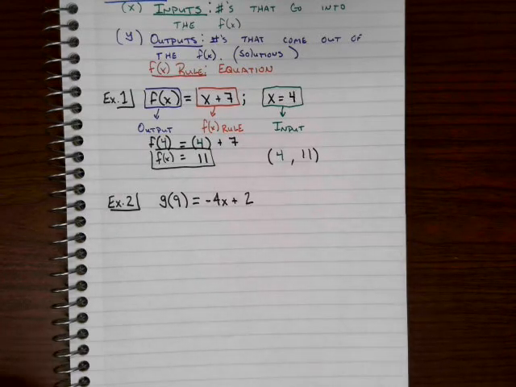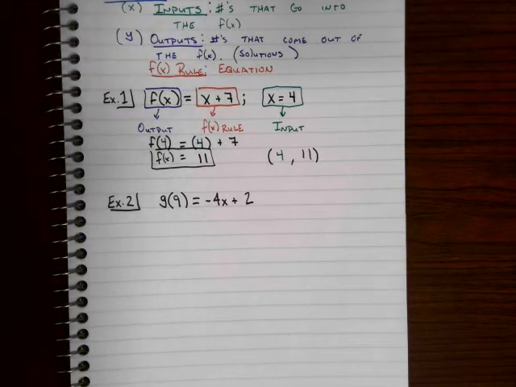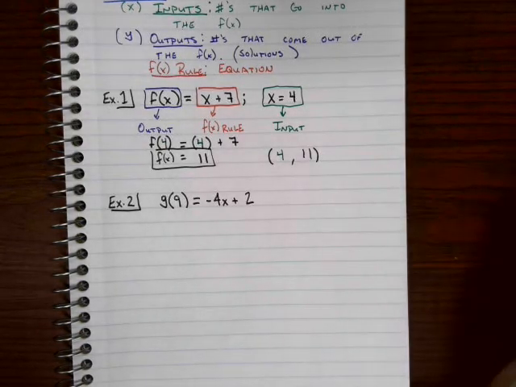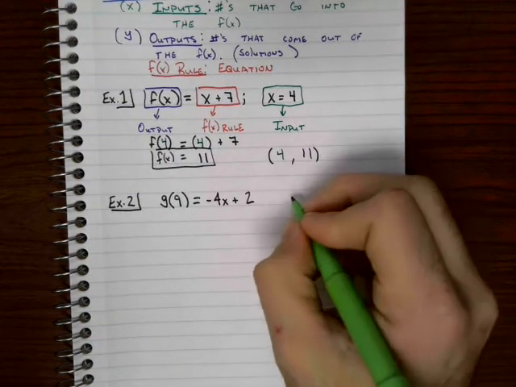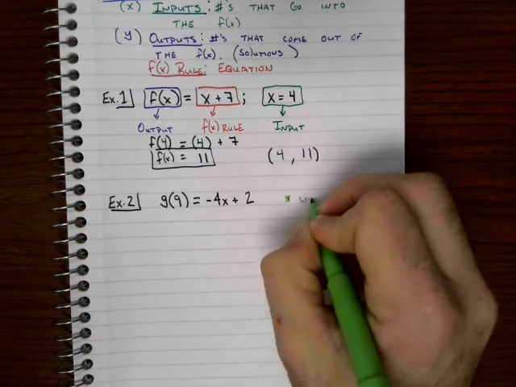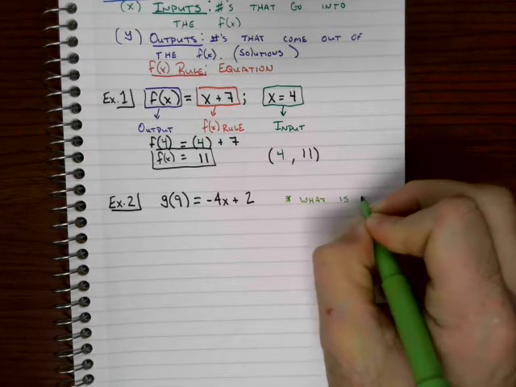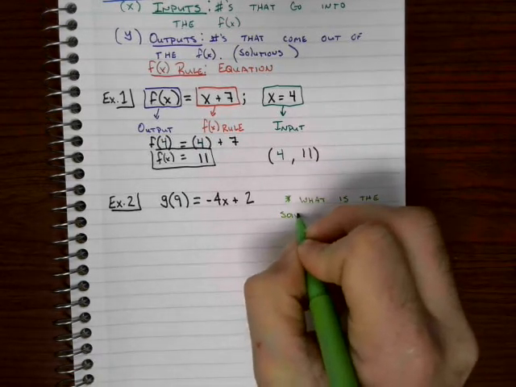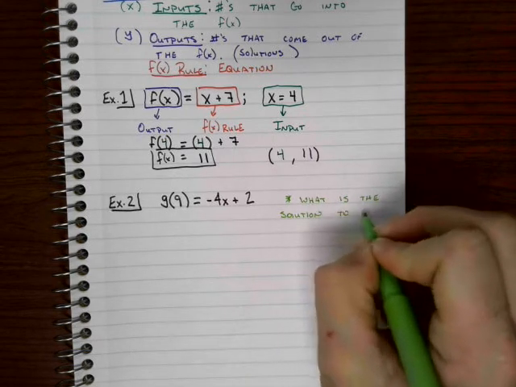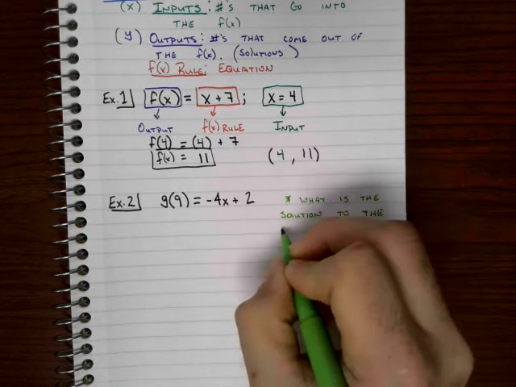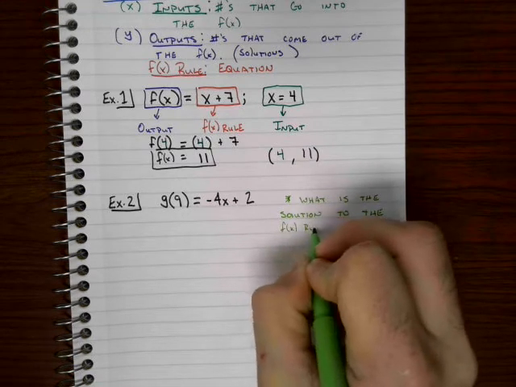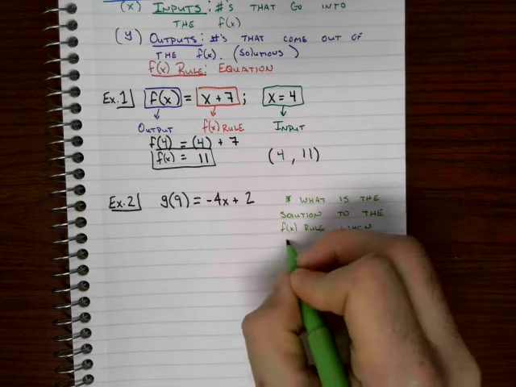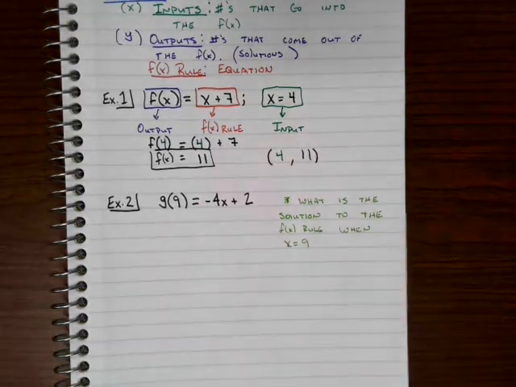Basically, this is saying, what is the solution to the function rule when x equals 9? That's what it's asking.